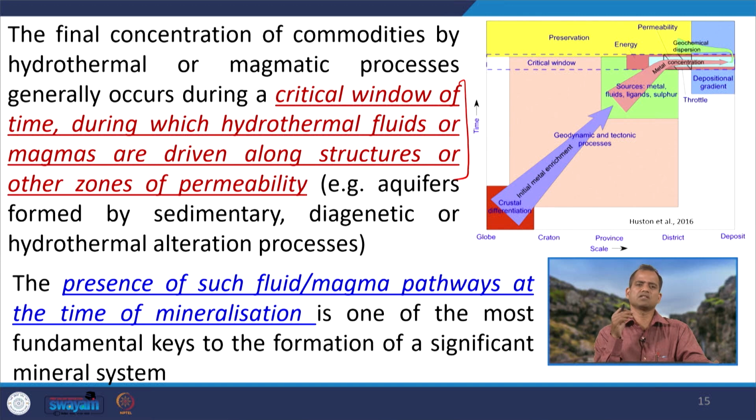These are nothing but pathways, and these provide this permeability, the rooms for mineralization. And the presence of such fluid or magma pathways at the time of mineralization is one of the most fundamental keys to the formation of a significant mineral system that we have already discussed. If we do not have room, then creating mineral is useless. So we need a sufficient space to preserve these minerals, and that sufficient space is also created by tectonic forces.